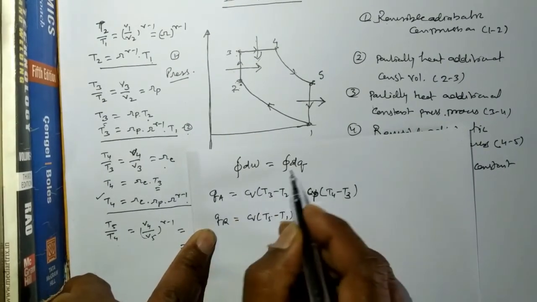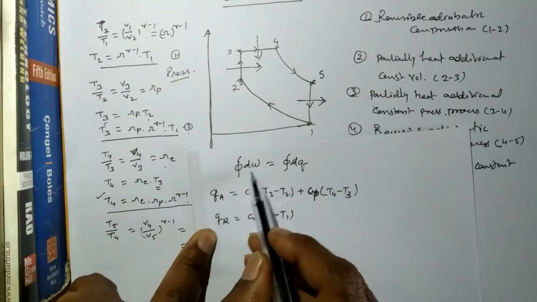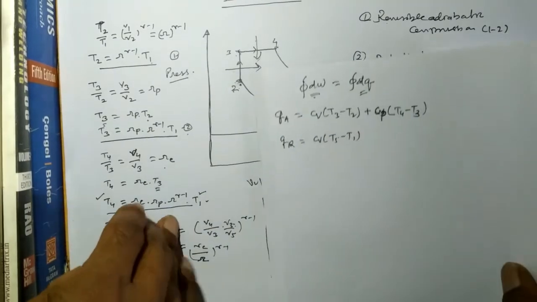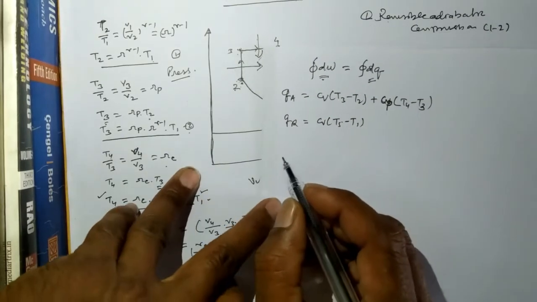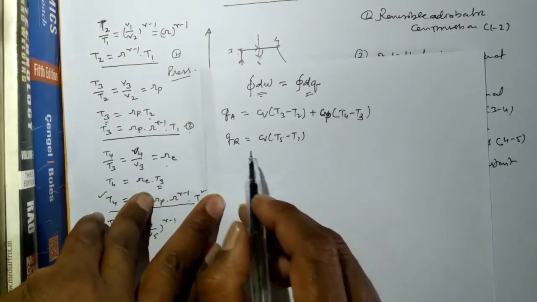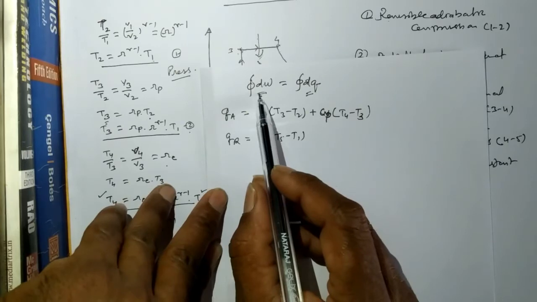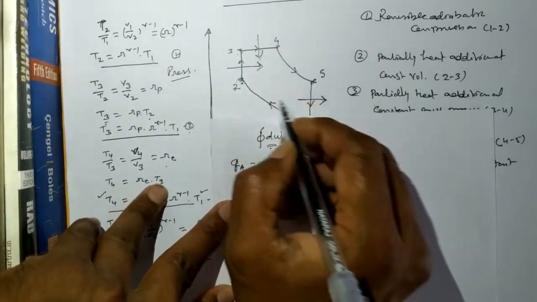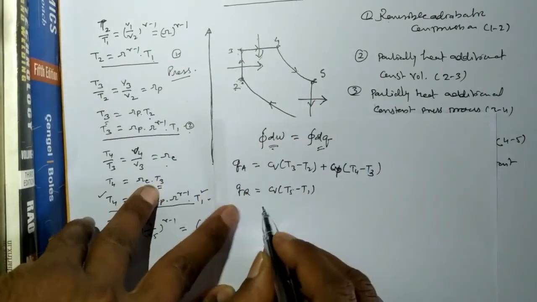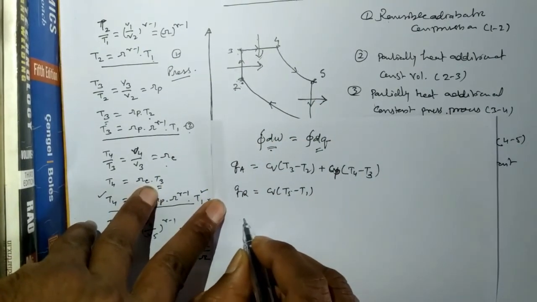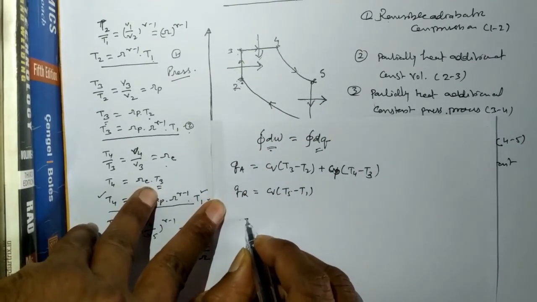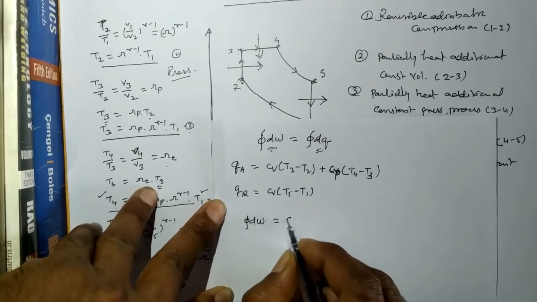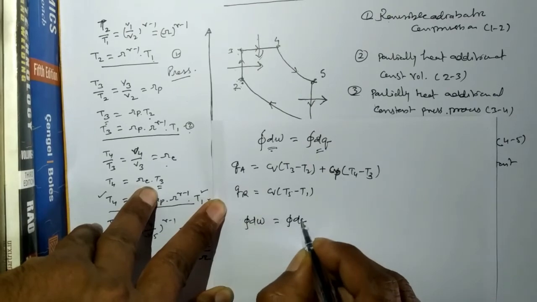From the first law of thermodynamics, work produced by the system is directly proportional to the heat supplied. Hence the net work done by the system will equal cyclic integration of dW, which equals cyclic integration of dQ.